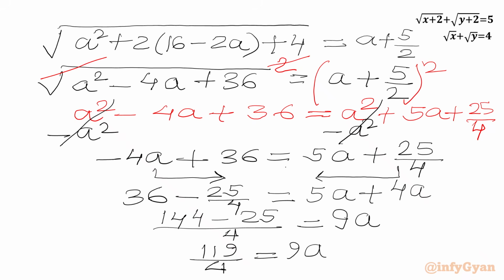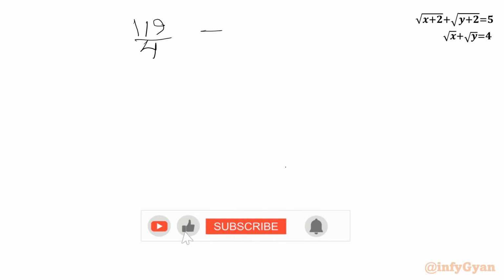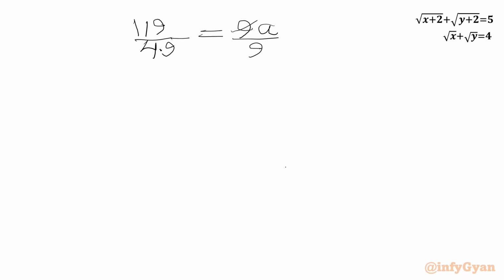Now we have to divide both sides by 9 to get the value of a. So I will write 119 over 4 equal to 9a. After dividing by 9 on both sides, we will get a equal to 119 over 4 times 9, which is 36.